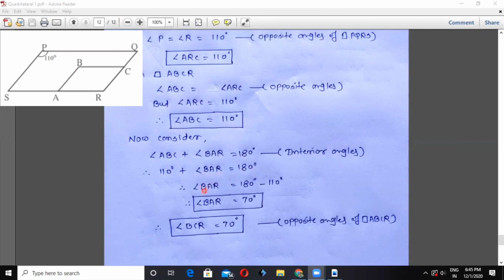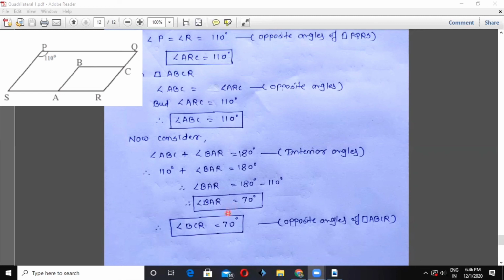To find measure of angle BAR, transfer 110 to the right hand side. So we will have angle BAR is equal to 180 degrees minus 110 degrees. So 180 minus 110 will get 70 degrees. So this is the measure of angle BAR.